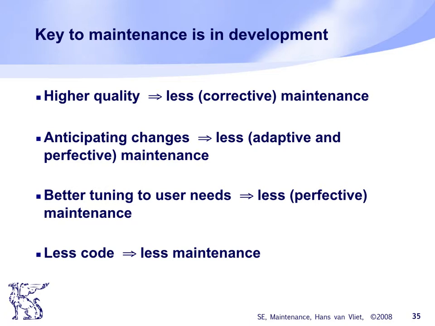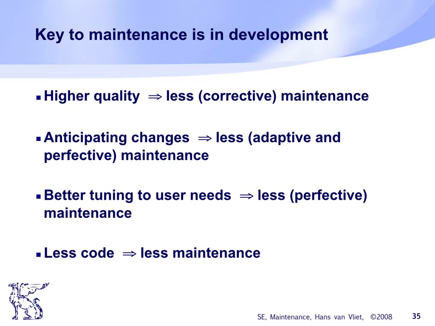If you can anticipate this user need at the early stage, the requirement engineering phase, then you don't have to do it later. If you have a better understanding of user needs at the early stage, it will throw you less maintenance.